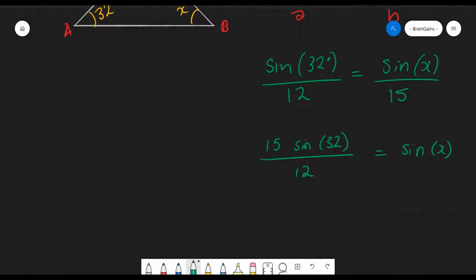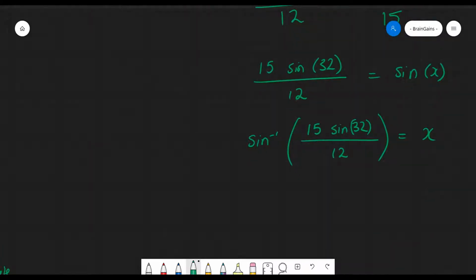Now, to find what x is, we need to take arcsine of both sides. So we get arcsine of everything that we had before: arcsine of 15 sine 32 over 12 is equal to x. So here x would be 41.5 degrees.